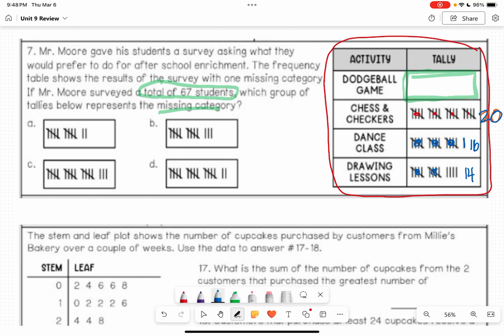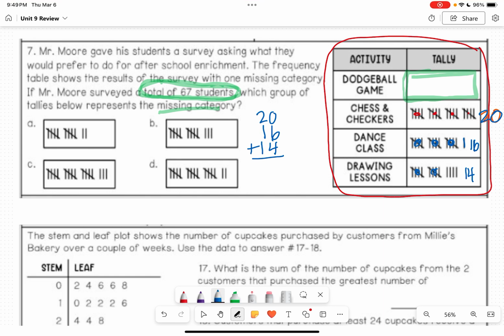So what I'm going to do is add up what I know. I'm going to add every student that has been surveyed so far. So I'm going to do 20 plus 16 plus 14. Add what you know. And as the phrase says, add what you know and subtract from the total. So your total again is the 67 students.